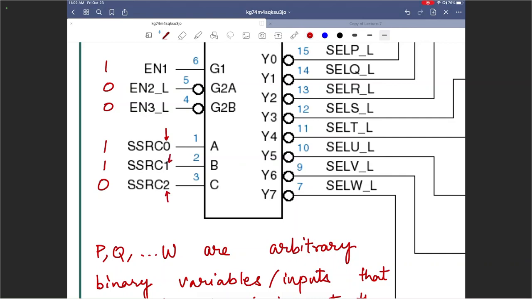So sometimes you have to pay attention to the name of the signal itself to find out which one is most significant. Clearly, you see SSRC2. Why 2? Because it is the most significant input. Here it is the least significant. So the numbering itself will give it away. All right.